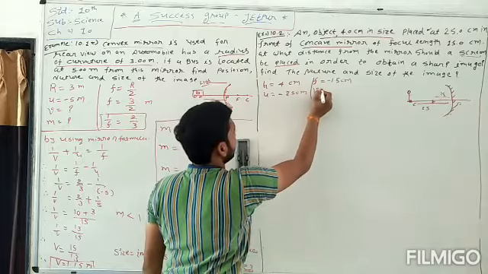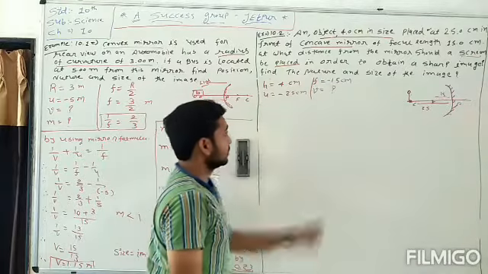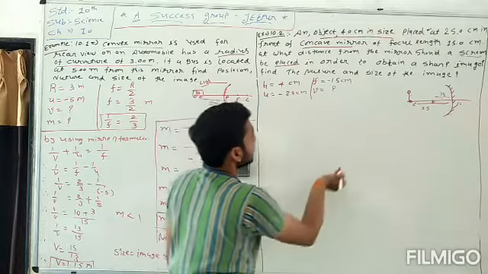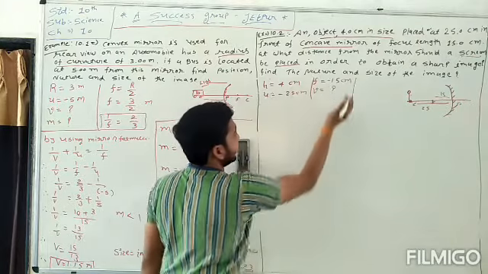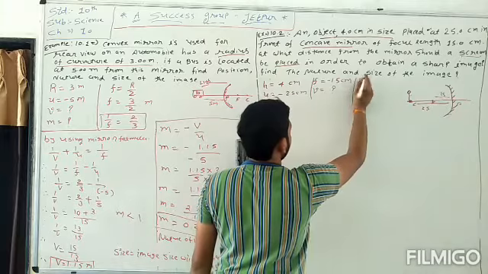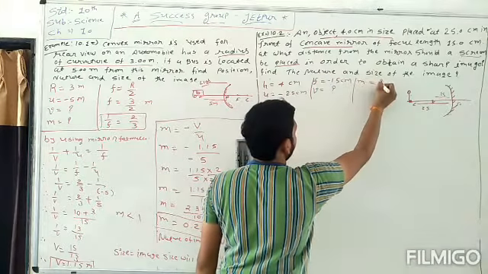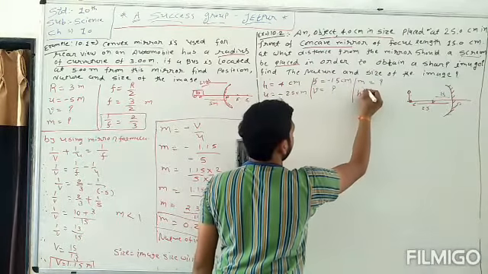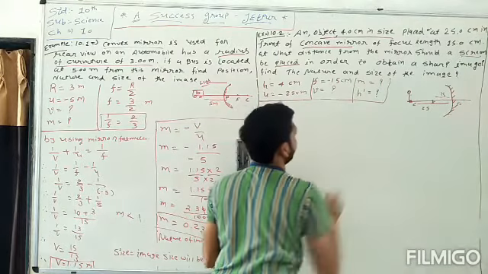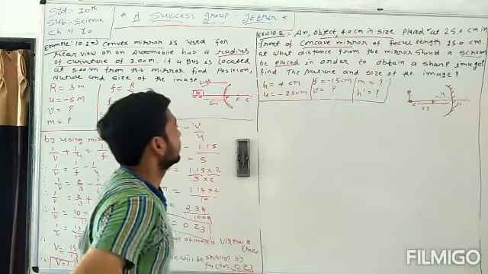It means at what distance the image forms. So v is the image distance, which is unknown, and find the nature and size of the image. For nature we have to find m, and for size we have to find h dash. All these parameters are unknown.